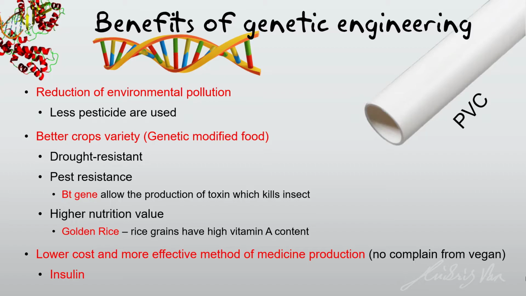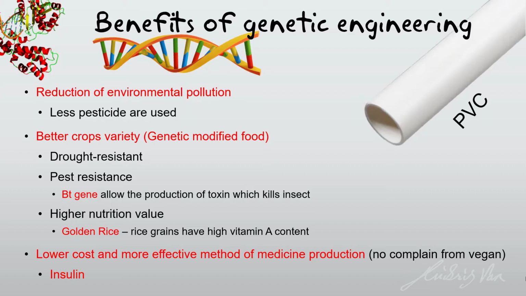Then you might be wondering, hey, why would vegans complain about this? Or complain about other methods? Because it's more effective because the insulin produced is human insulin. Before genetic engineering, we actually collected insulin from animals, for example, pigs. So vegans will complain that the insulin actually comes from animals.